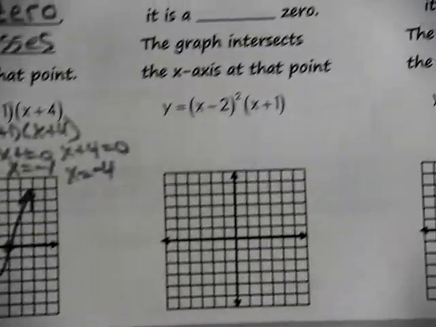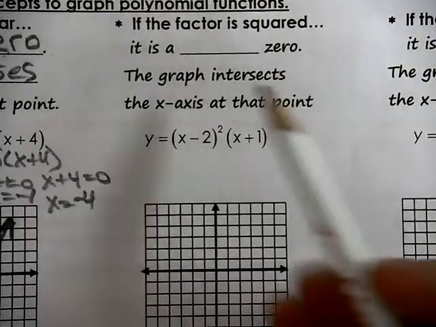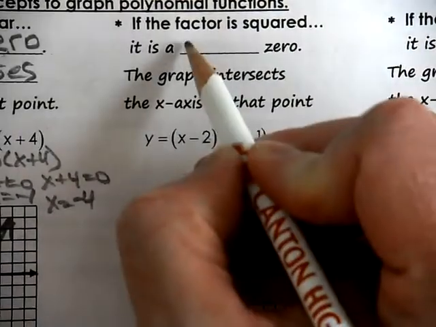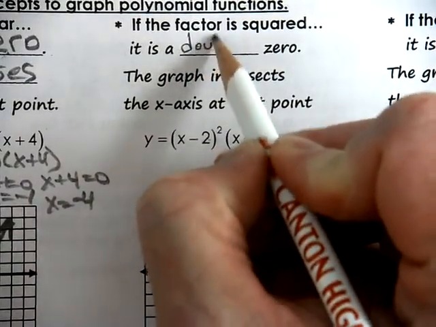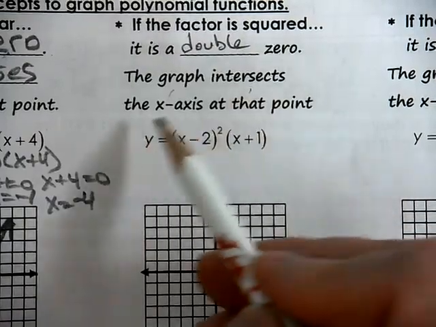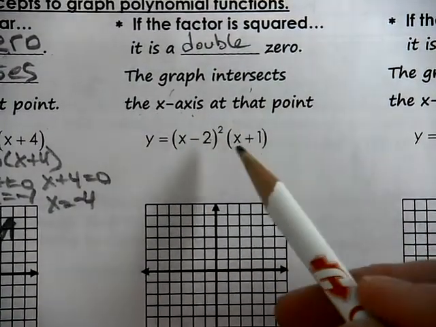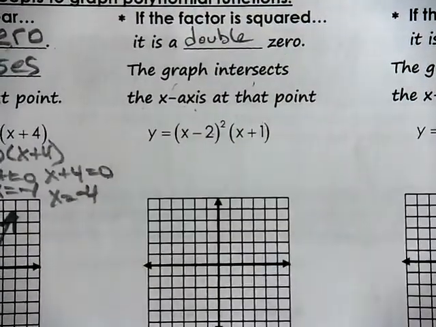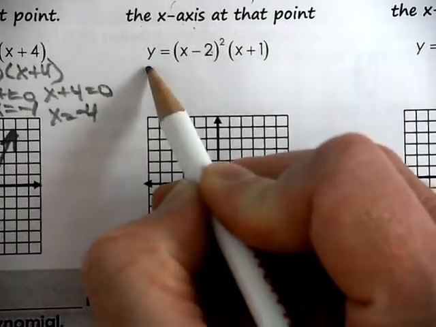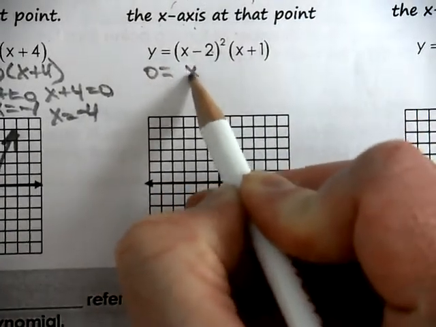If the factor is squared, here's our factor, it is squared, it's considered to be a double zero. The graph's going to intersect the x-axis at this point. So again, we do our 0.